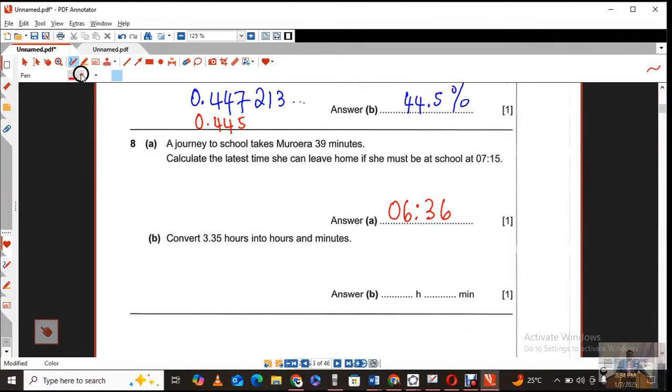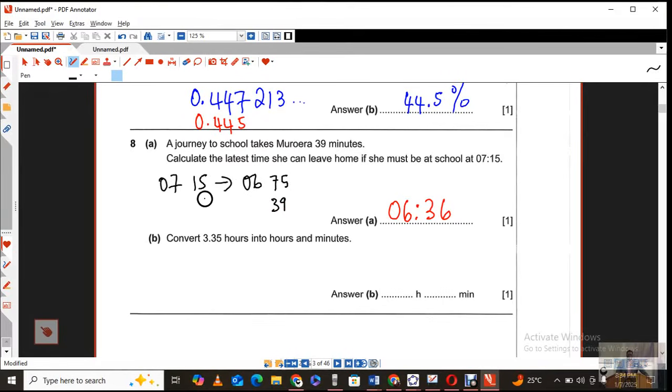You can do your subtraction if you want to. So some people will say, okay, wait a minute, I have got that time, which I'm going to change, borrowing an hour, that gives me 06, and taking that hour to 15, an hour is 60 minutes, so that's going to make that 75. I hope you know where it comes from. That is the 15 plus the 60. And then I have here 39 minutes.